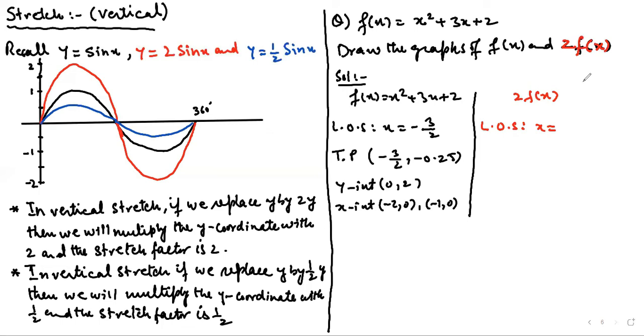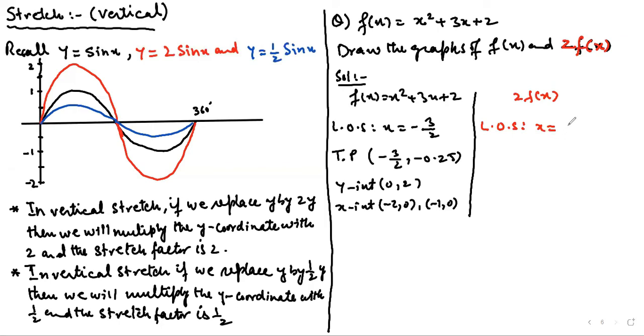If there is half x, we will multiply the x coordinate with 2. If there is 2x, we will divide the x coordinates with 2. While in the case of y, if there is 2y, we will multiply y with 2. If there is half y, we will multiply y with half.